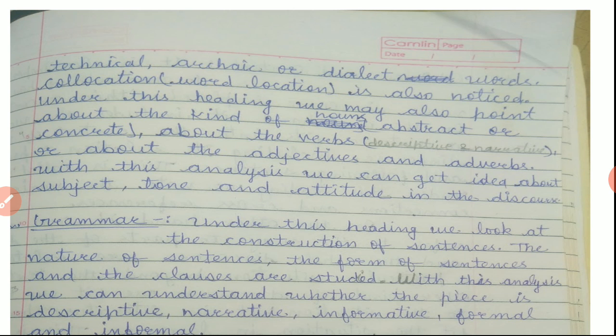Domain and tenor change the way a language is used. With this analysis, we can get an idea about the subject, about the tone and the attitude in the discourse.